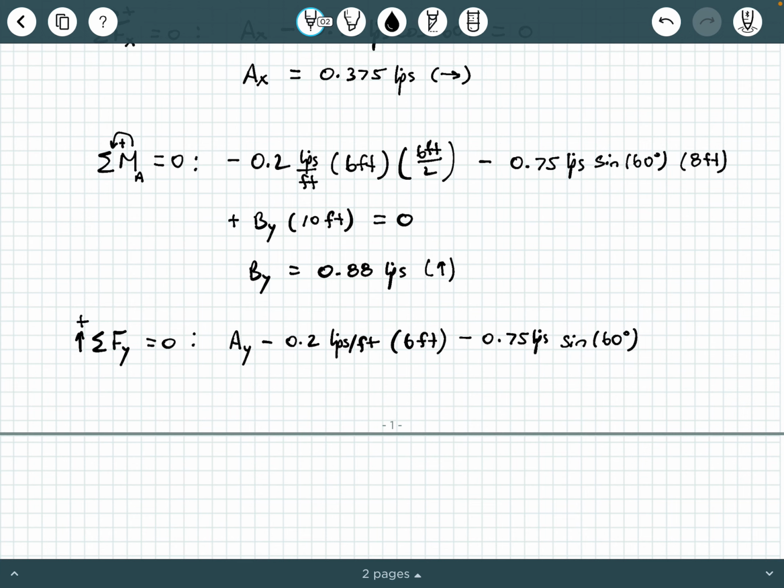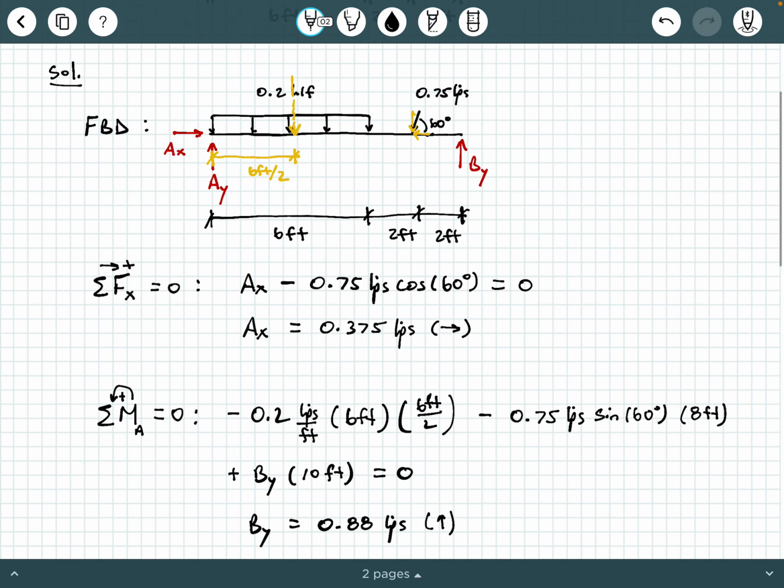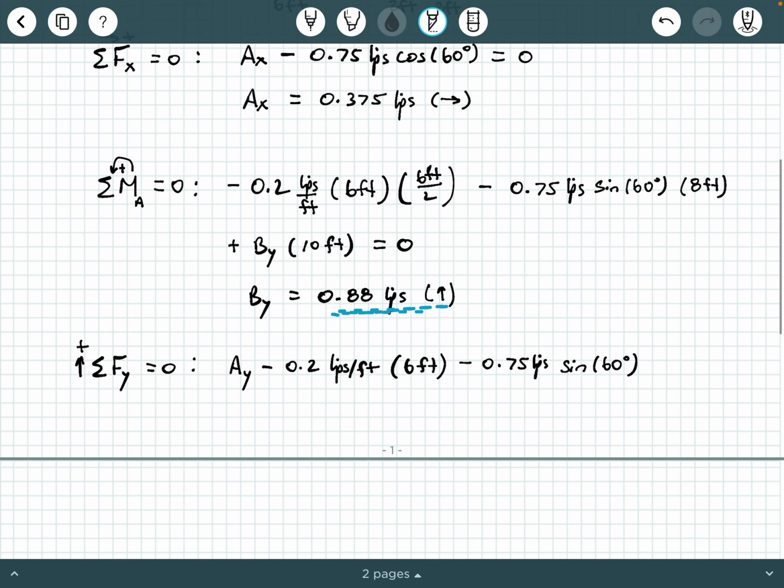And then the last piece in our free body diagram that we encounter is BY pointing up. Now, we already solved for BY in our previous step. Here it is in our previous equilibrium equation. So we're going to say plus 0.88 kips equals 0. And we're going to do some rearranging here. And we're going to end up getting AY is 0.97 kips reacting upward.